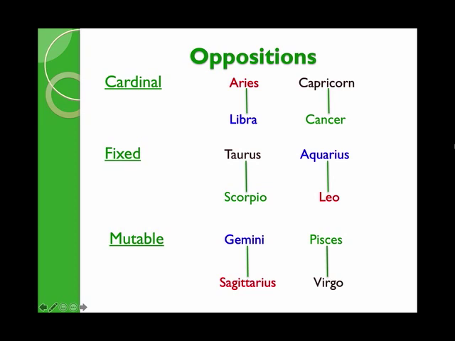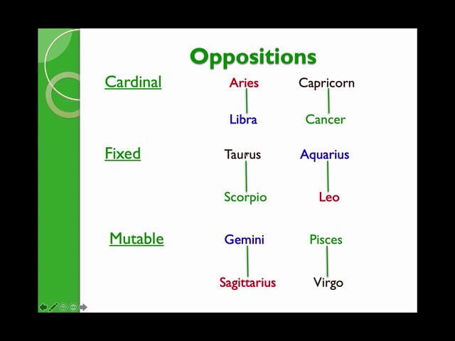Okay, let's look at the opposition. Now here is your first cheat sheet. The oppositions are made up of the cardinal, fixed, and mutable categories. Those are the qualities, or sometimes they're called modes. And we know that these are the 4 cardinal signs, and Aries and Libra oppose each other, Capricorn and Cancer oppose each other.